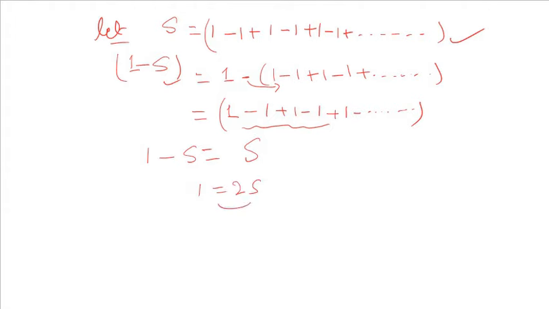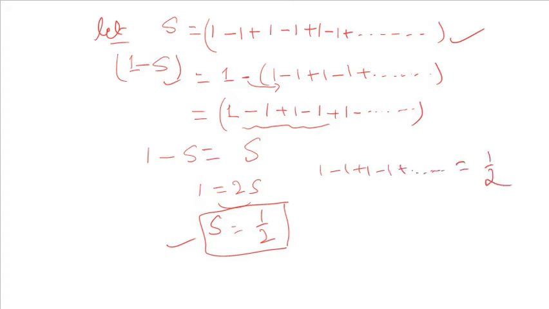So s equals 1 over 2. What is the value of s? S is the whole series, 1 minus 1 plus 1 minus 1 and so on, and its value becomes half.